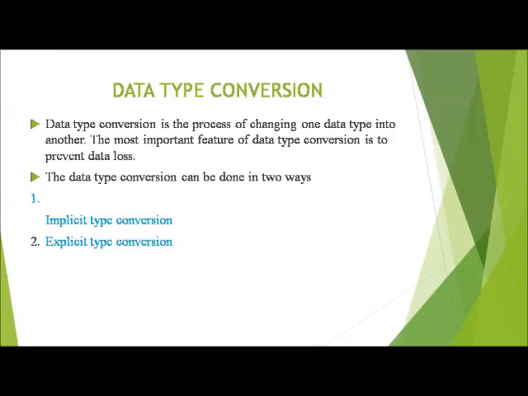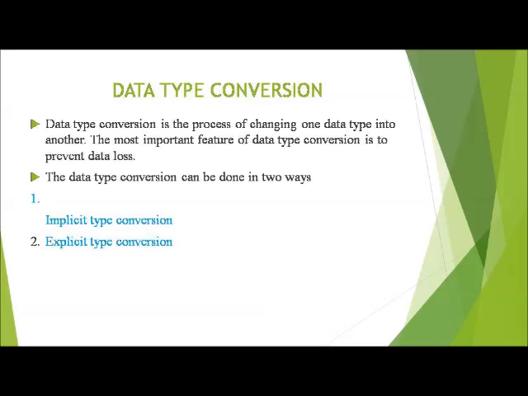Data type conversion is the process of changing one data type into another. The most important feature of data type conversion is to prevent data loss. The data type conversion can be done in two ways. 1. Implicit type conversion. 2.